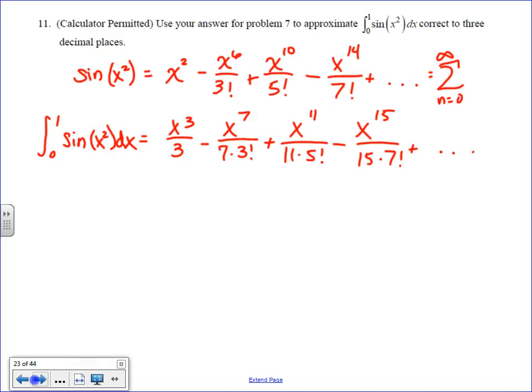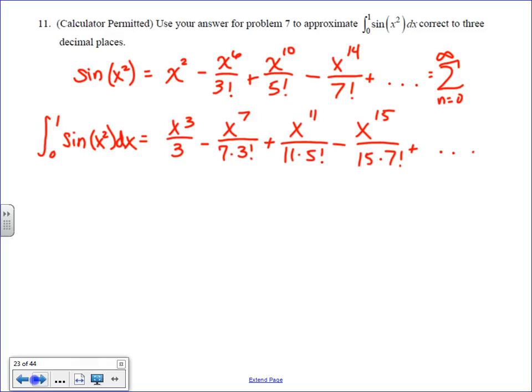Wait a minute. If they're asking me to approximate an infinite series using a certain number of terms, what's the only type of infinite series that I can approximate or I can figure out the sum of? Geometric, that's not this. Telescoping, not matching. Alternating series. Is this alternating? Yes. Right?